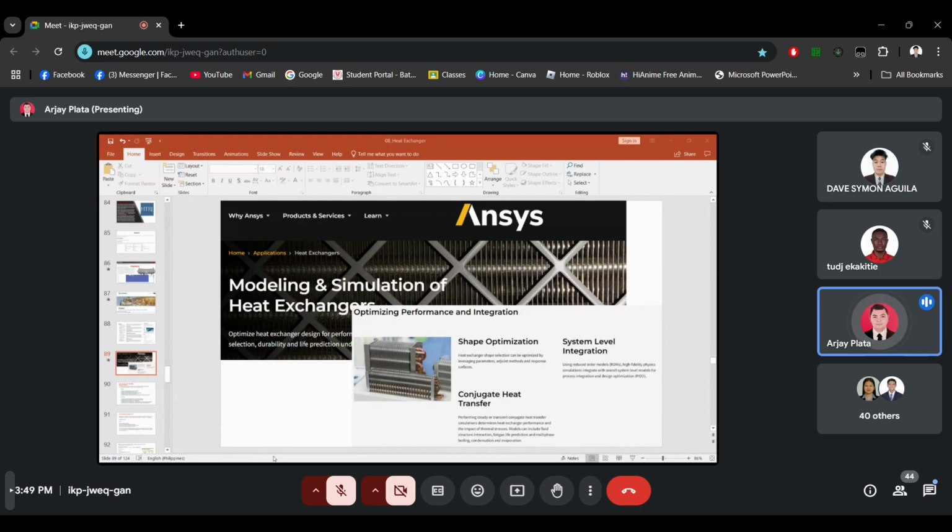There are tutorials that we can use if you don't know yet how to use this software. It's free. I sent you the instructions or the website before in our group chat. You just have to find it.